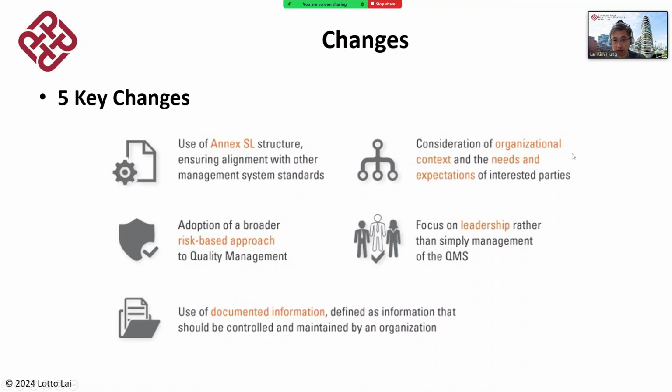Consider our organization's context: what are the needs and expectations of interested parties? Interested parties are not only our customers, but our staff, our stakeholders, etc. And focus on leadership rather than simple management of the QMS. Leadership leads the whole company and embodies this QMS. And use documented information, not documentation only. It is any form of information that can be controlled and maintained by your organization. It can be a video, a website, or other electronic form of information.